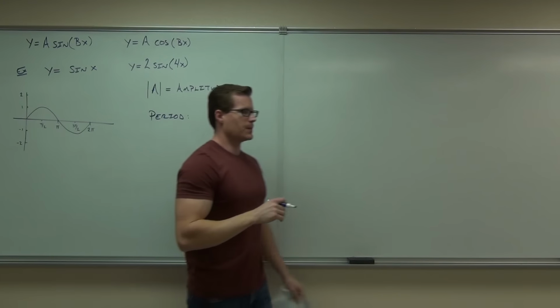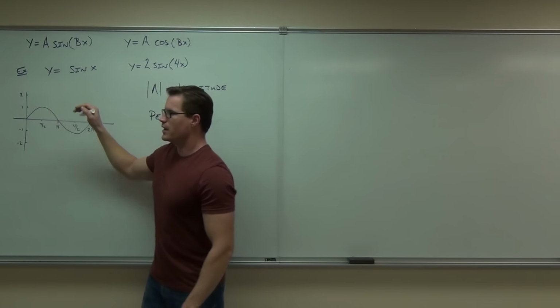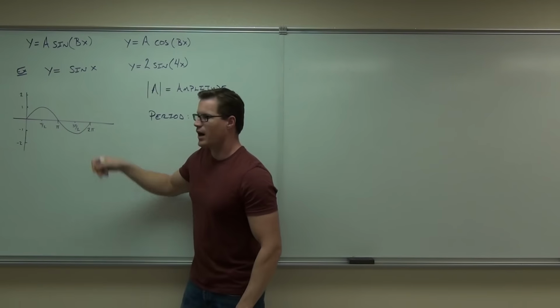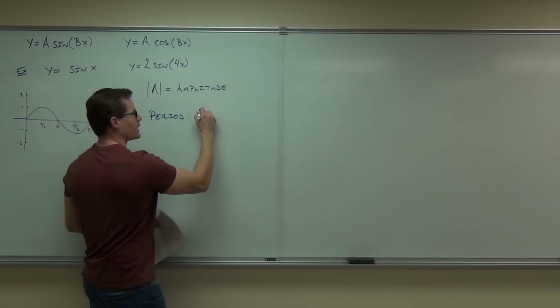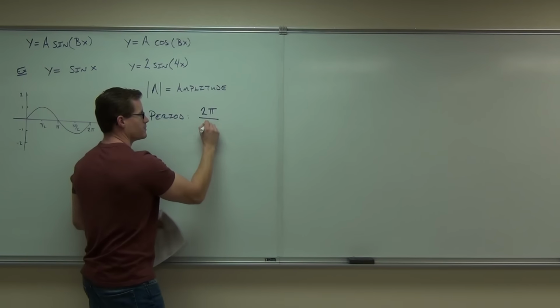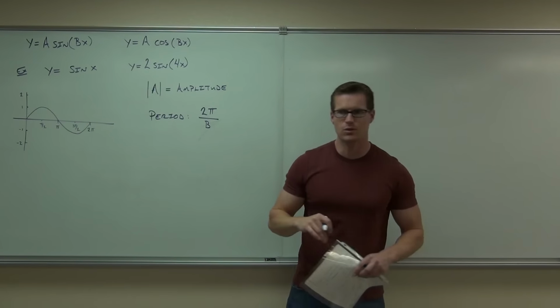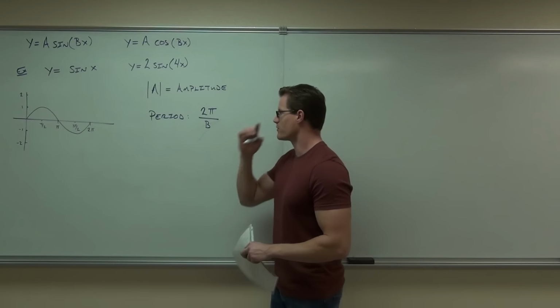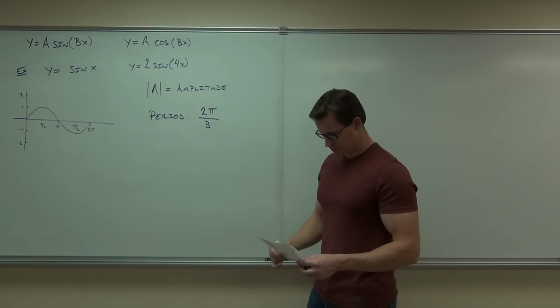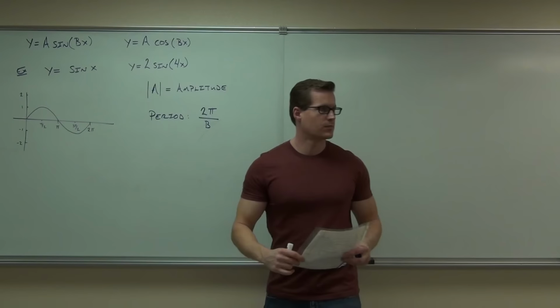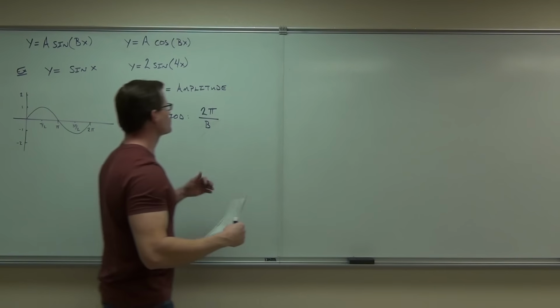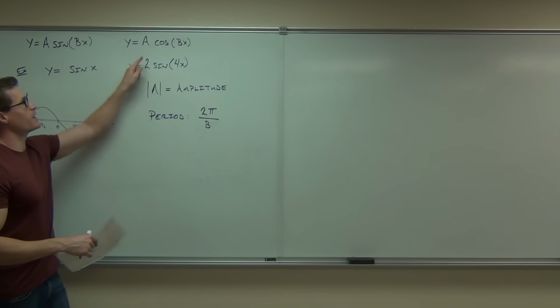If our b in this case is 1, and our period happens to be 2 pi, then the period is really given by 2 pi divided by b. That gives us how often we oscillate, or how often we come back to repeating the same exact graph. That's in general. So in general, your amplitude is given by the absolute value of a.